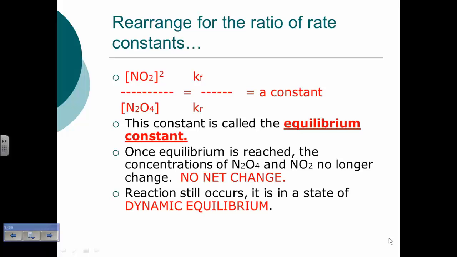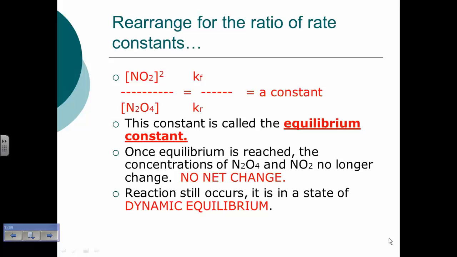It's a ratio that compares the K constant of the forward to the K constant of the reverse. And look how it's calculated. Product over reactant, where coefficients come directly to the power with which it's raised because these are elementary equations.